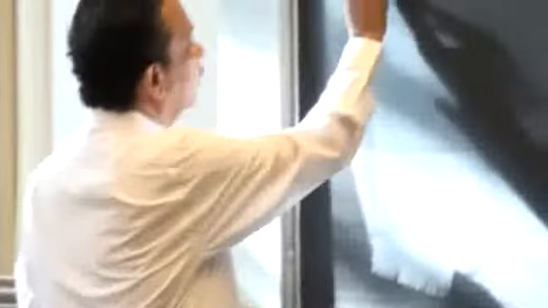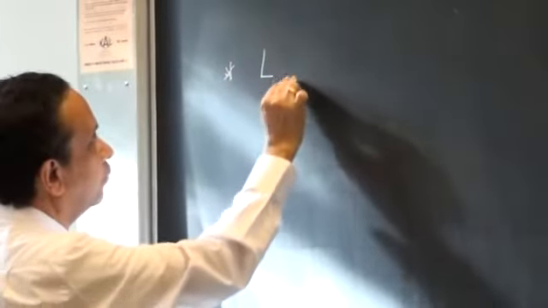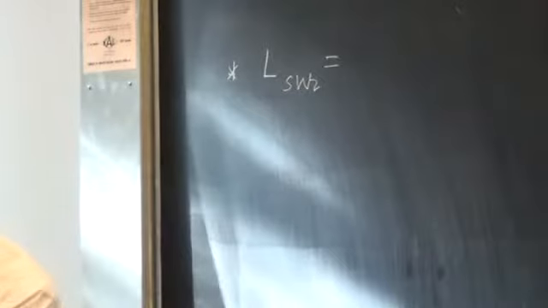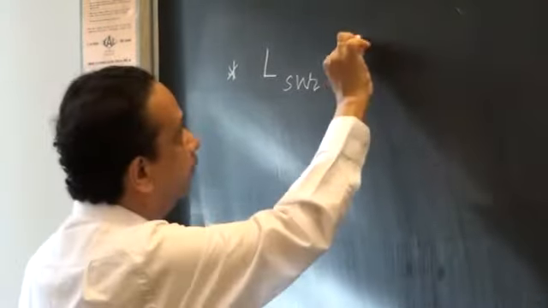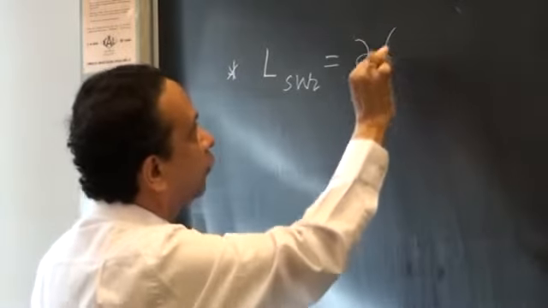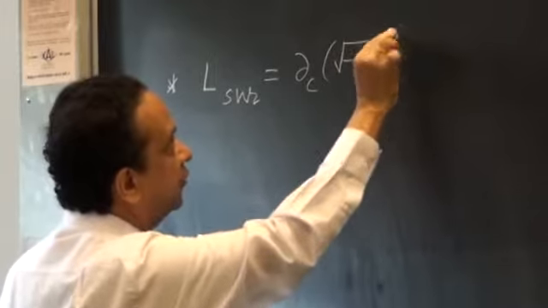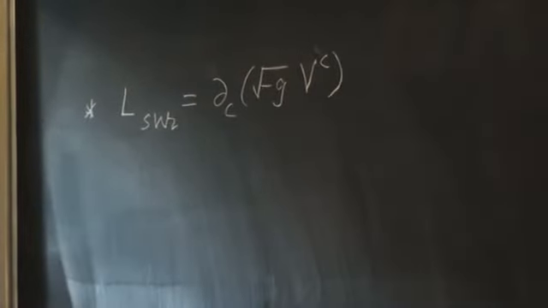The way I would like to write down that term is, L surface is d_c of root minus g times a vector v^c. Well, I shouldn't say vector, a 4-component object v^c.